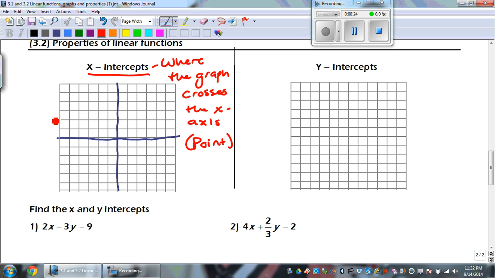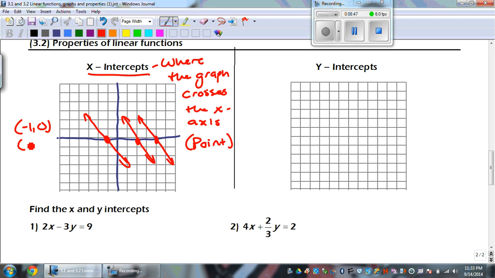So if I had my graph going right through here, this would be my x-intercept. Or I could have my graph going through here. That could be my x-intercept. Or if the graph went through like this, that would be my x-intercept. Let me write down all these ordered pairs and you'll start to see a pattern. My first point was at negative 1, 0.